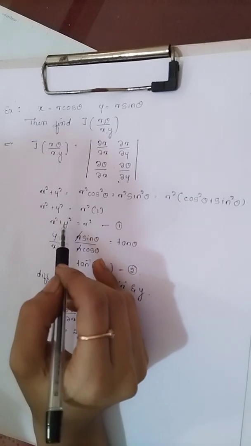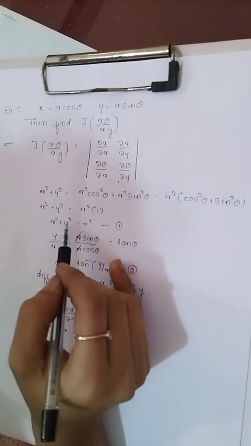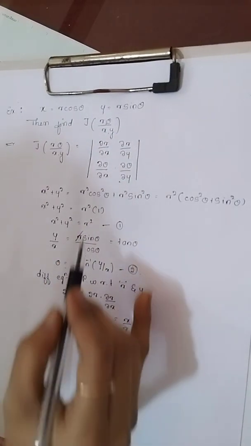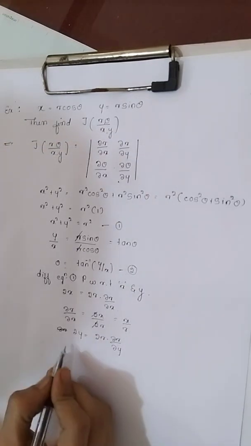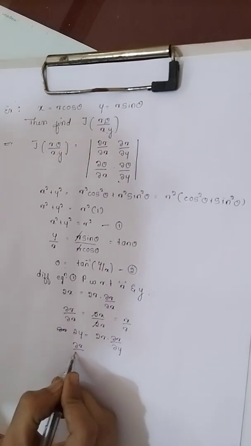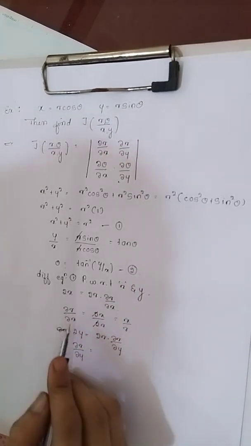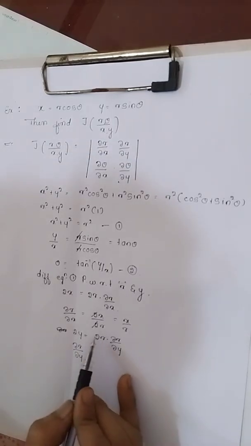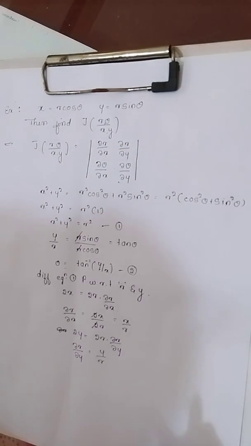Differentiating equation 1 partially with respect to y, the term x square is constant, so the differentiation of y square is 2y, and the differentiation of r square is 2r into dou r by dou y. So dou r by dou y, bringing the 2r to the left hand side, the 2 gets cancelled, so the value is y divided by r.